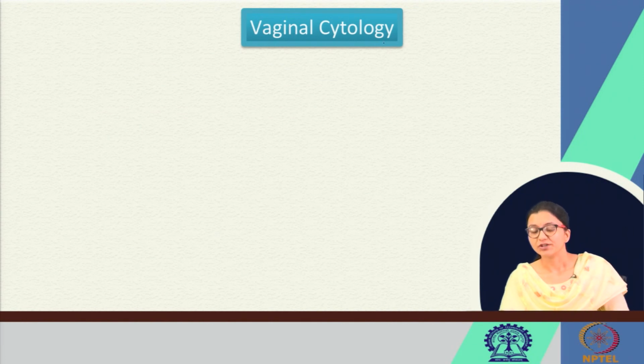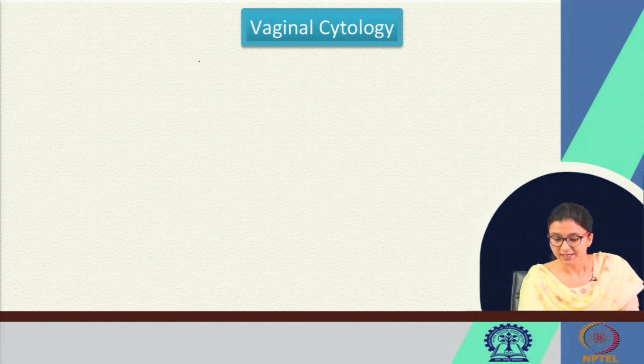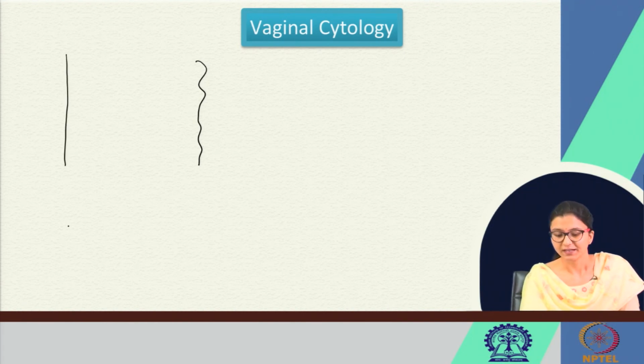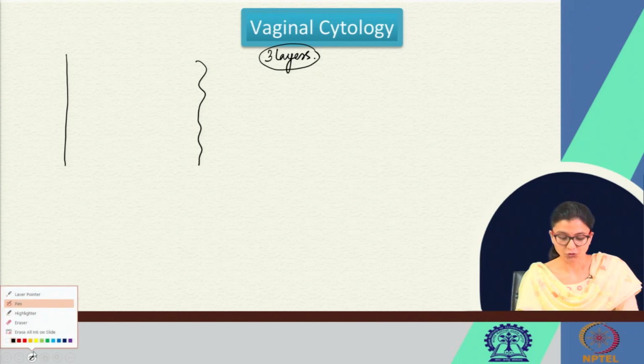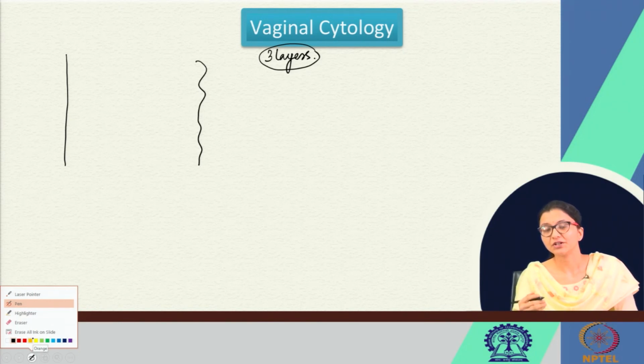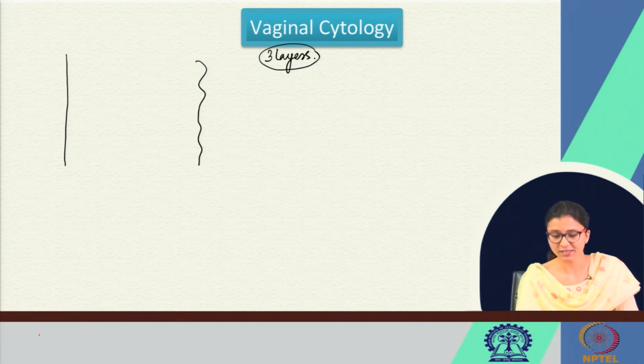Now coming to vaginal cytology, that is the vaginal epithelium. There are 3 layers, and these 3 layers have been shown to be different, or their predominance changes depending upon the predominance of the hormone present in the female body. What is it? First, the superficial layer.